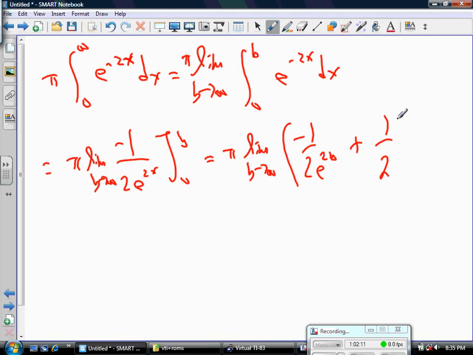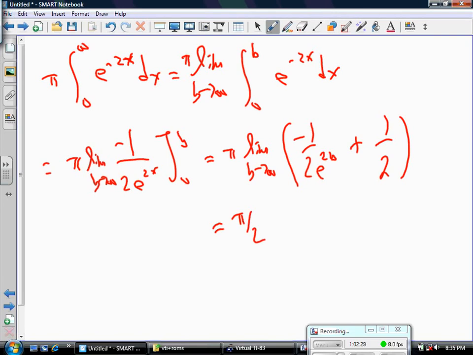Okay. Didn't we get a limit like this on the test? That limit is 1/2. So you get pi times 1/2, which is pi over 2 cubic units.